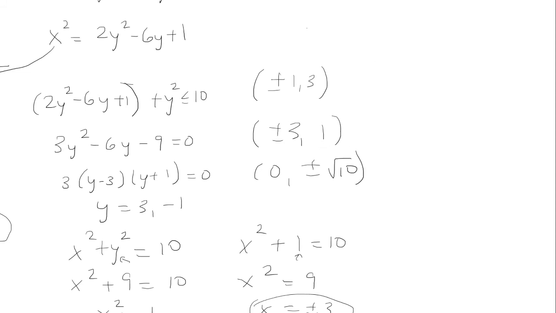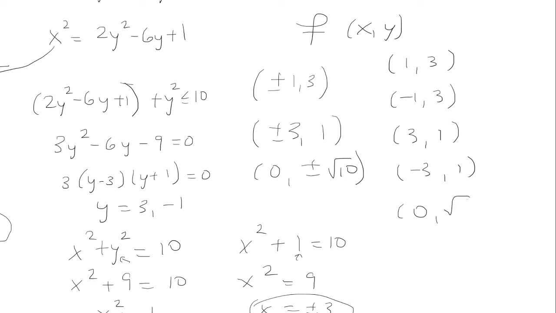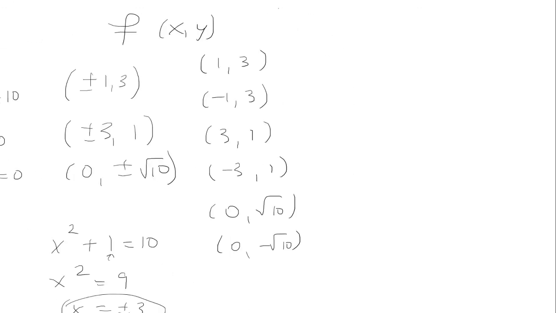So the way you're going to test it is by plugging it into f of x, y. So I'm just going to give you the answer. No point in showing all the work. So I'm going to break these out into each case, breaking out the plus or minus. So for positive 1, 3, we get 27. Same thing with negative 1, 3.